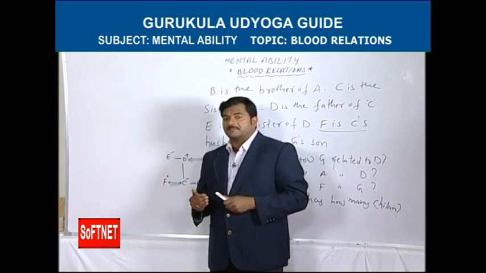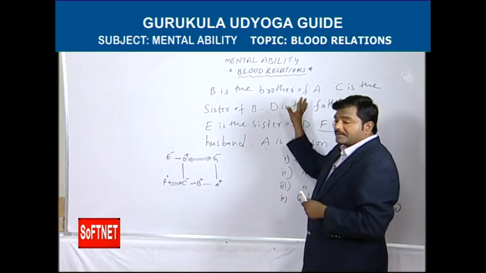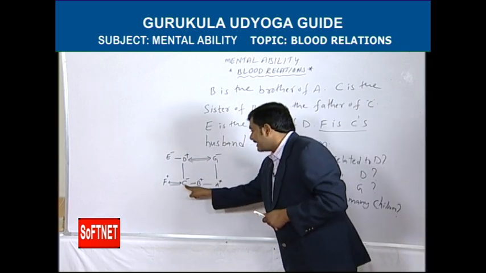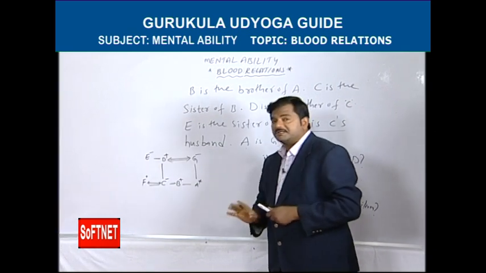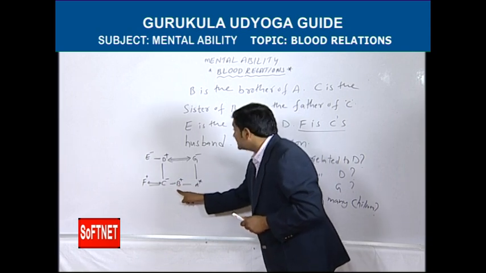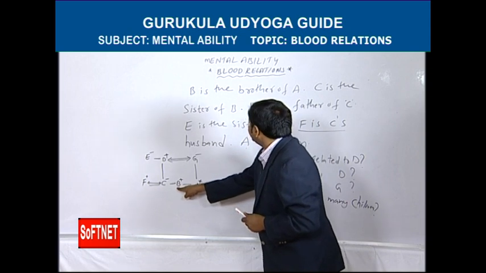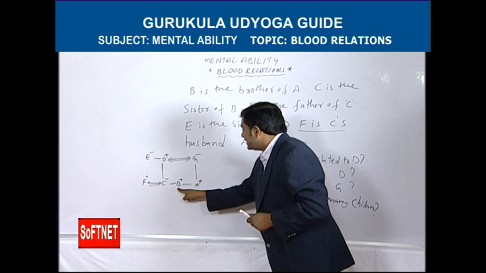I repeat this concept once again. Focus on this. B is the brother of A. It is clear. B is male gender.